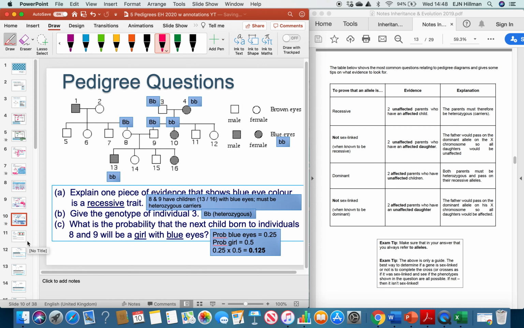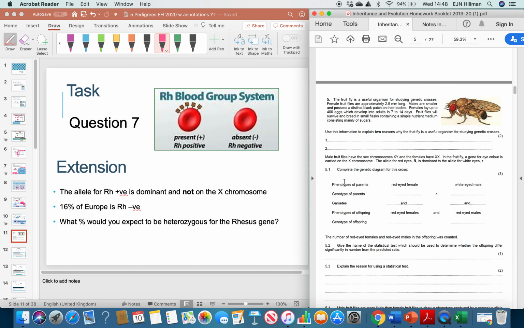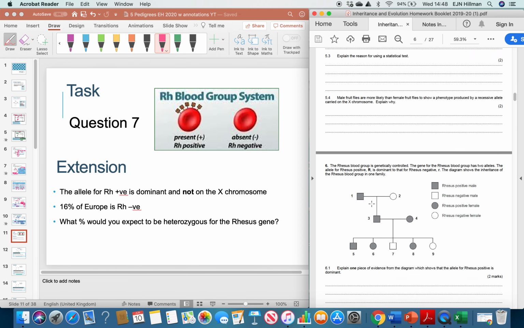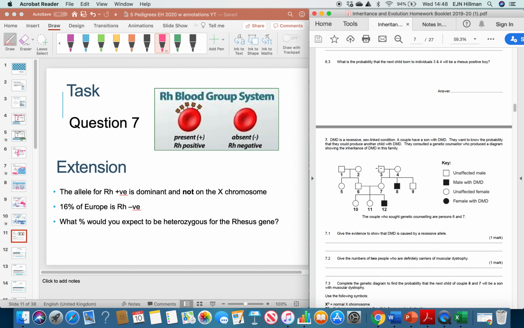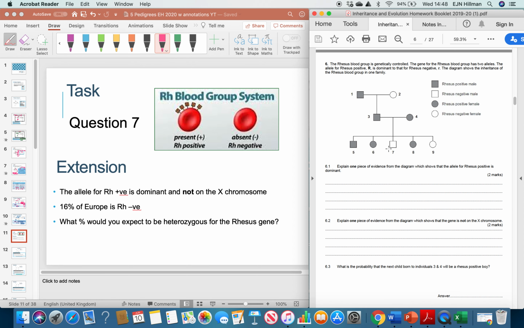Okay, anything else? There are some extra questions. Right, my advice would be to go away and do question 7. Hope it is still question 7 in the question booklet. Let me just check. No, sorry, that has changed now.